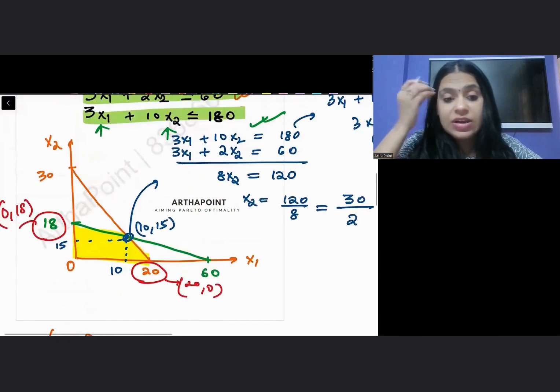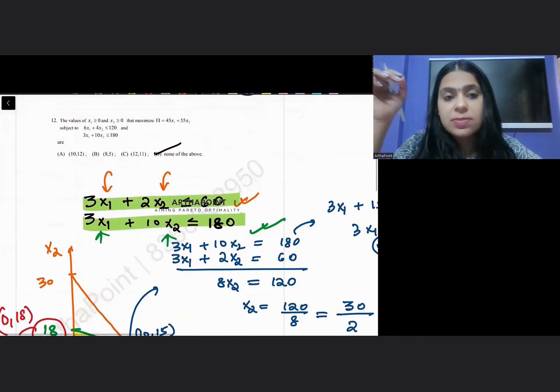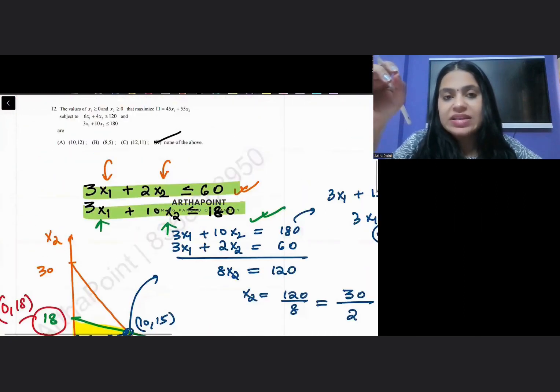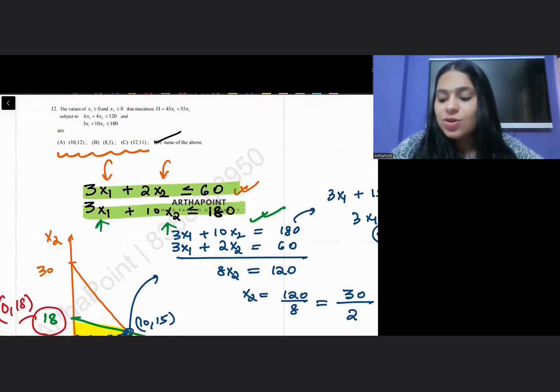Even before I evaluate these points, let me check if they are present as part of the options. These points are not even available as part of the options. So right away, I know that the answer will be none of the above.